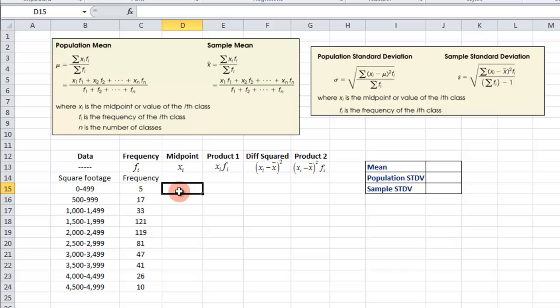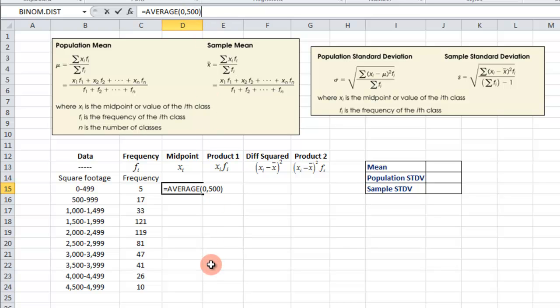Midpoint. We need to find the midpoint of the values. So the midpoint, remember, goes from the lower class here to the lower class here, from 0 to 500. We can find that by typing it in, or we can find the average, though it's a little bit harder to make it pick out those values. So I'm going to type in the average and give it two numbers, 0 and 500.